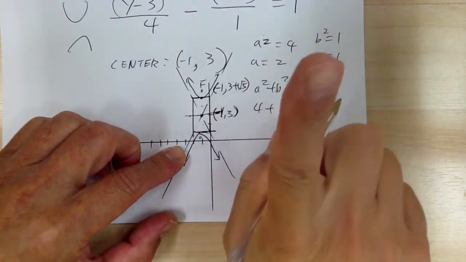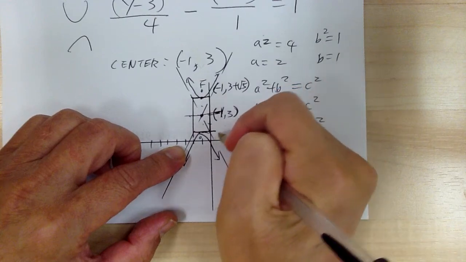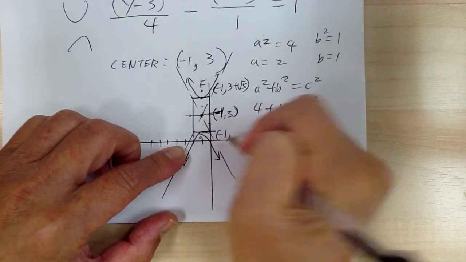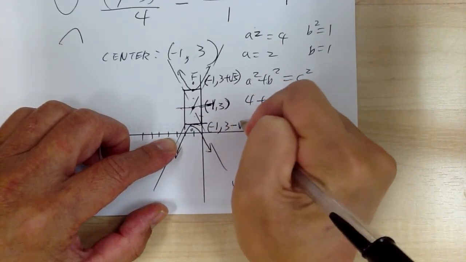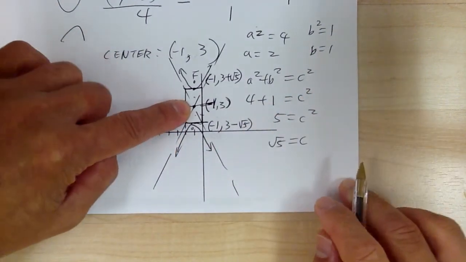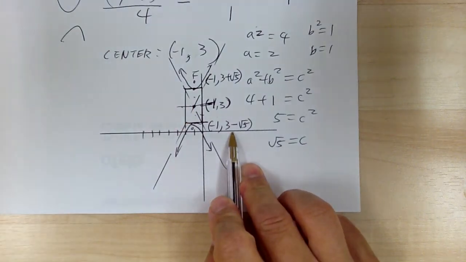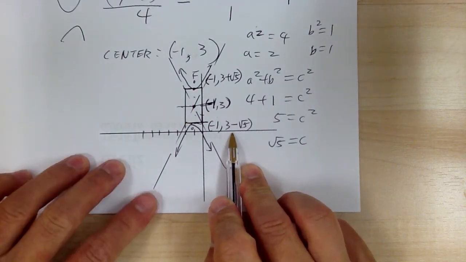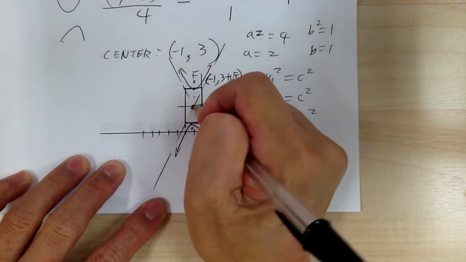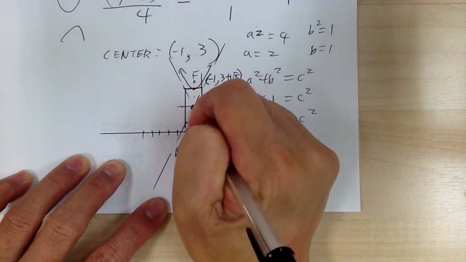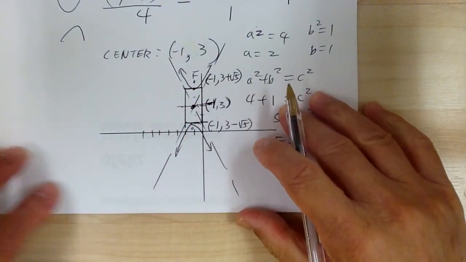When you go down, you have to subtract, so it would be negative 1 comma 3 minus square root of 5. Again, you start at 3. When you go up, you add on to the y. When you go down, you subtract from the y. That's how you label the points. Again, everything must be based on the center.